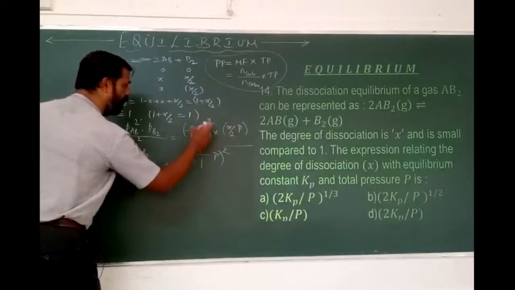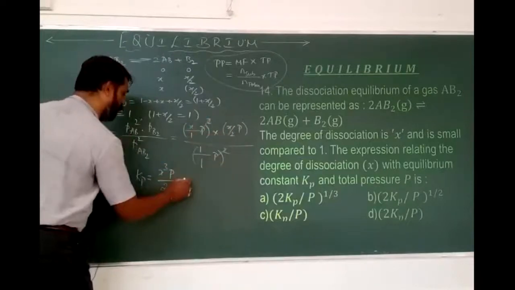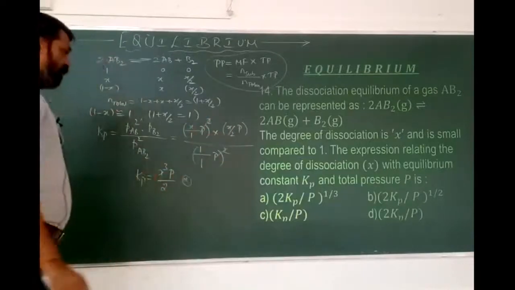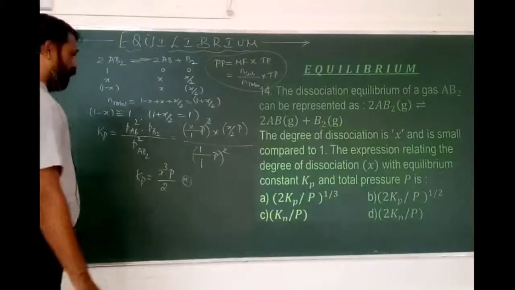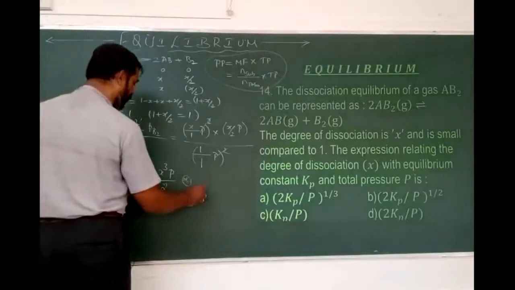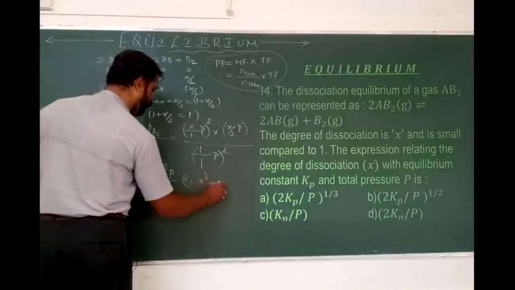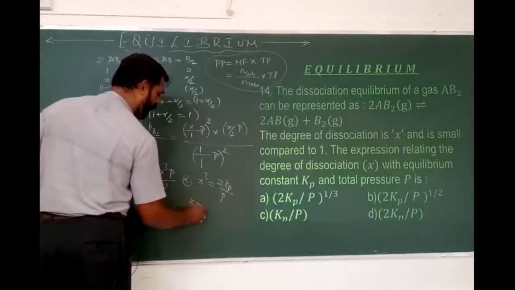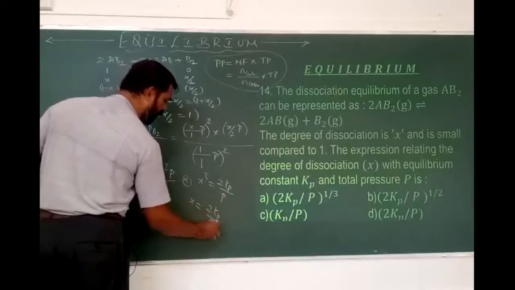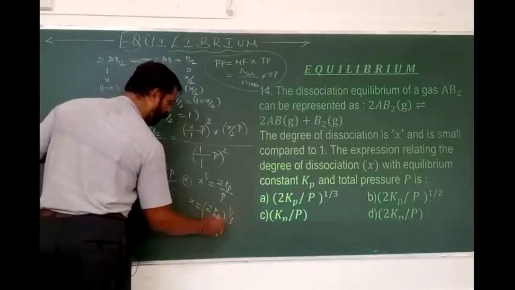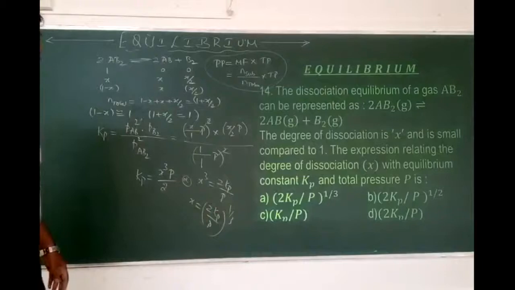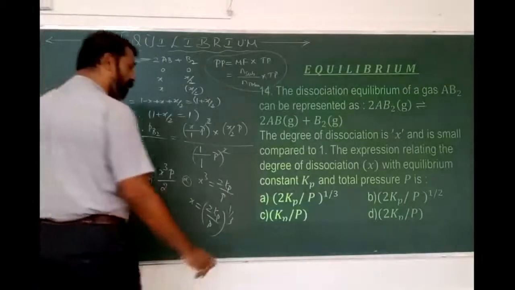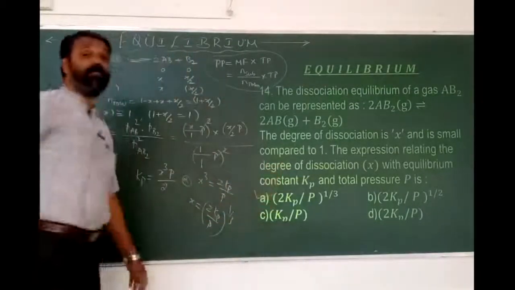With respect to this, x cube is equal to 2Kp divided by p, or x is equal to the cube root of 2Kp by p. That is, x is given by (2Kp divided by p) to the power of 1 by 3.